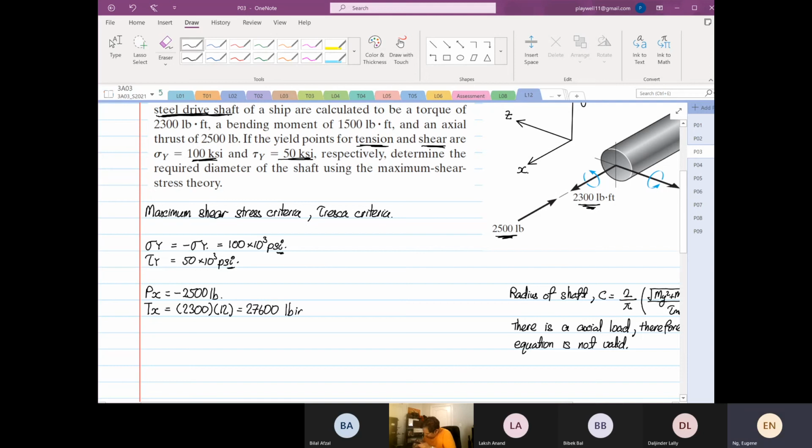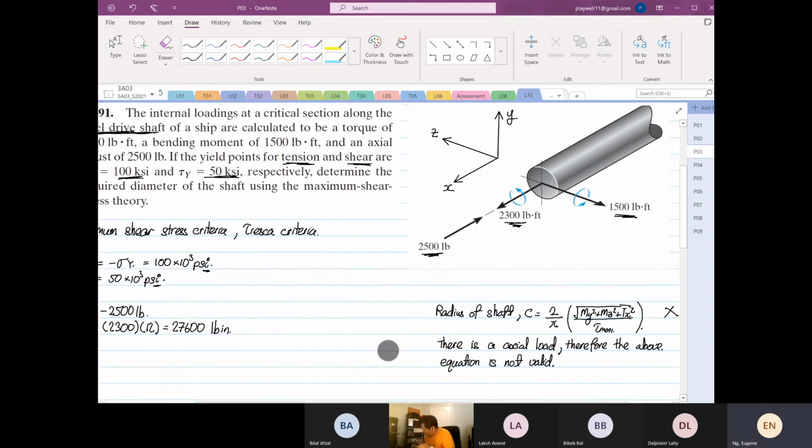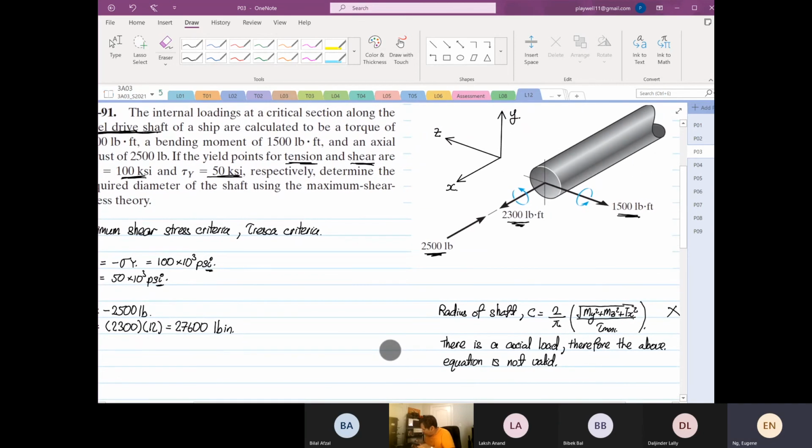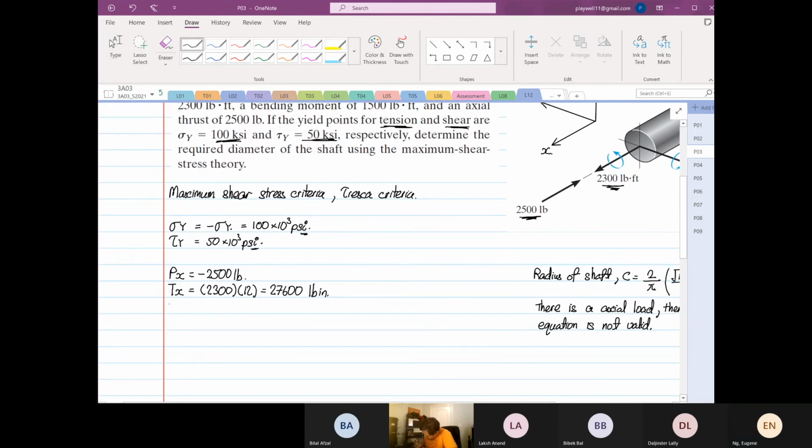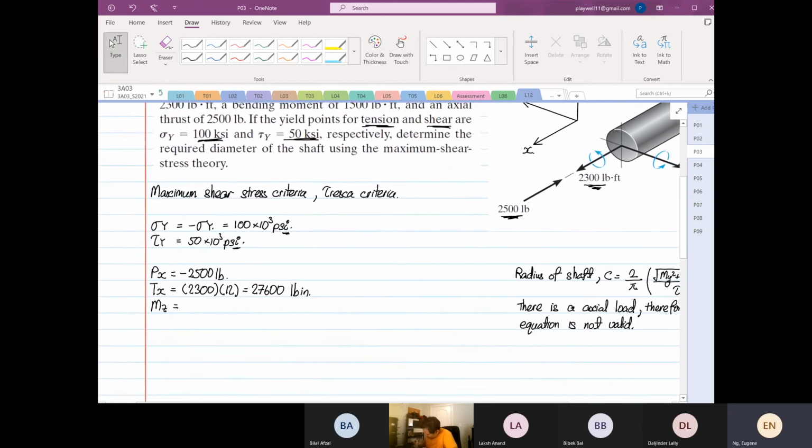pound inch. And then we have moment in the Z direction is equal to 1,500 multiply by 12, so 1,500, so it's equal to 18,000.